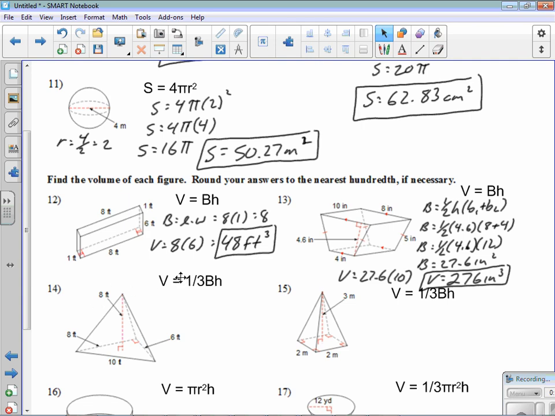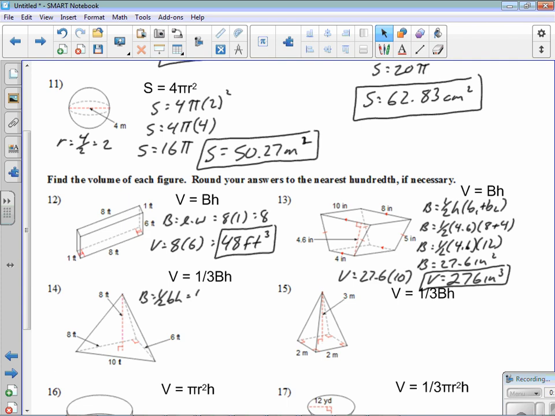Number 14 here is a pyramid. Follows the formula 1/3 area of the base times the height. They give us a triangular pyramid, which we can see the triangle is a right triangle. So when we use area of the base as 1/2 base times height, we can use 8 and 6 for our base and height.